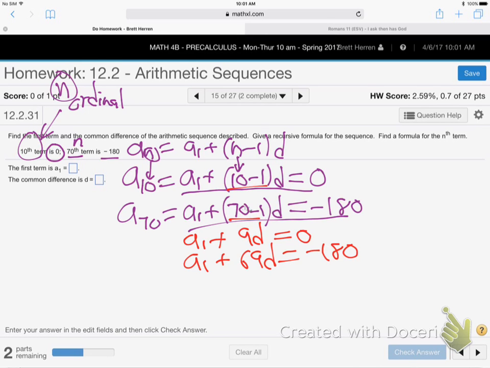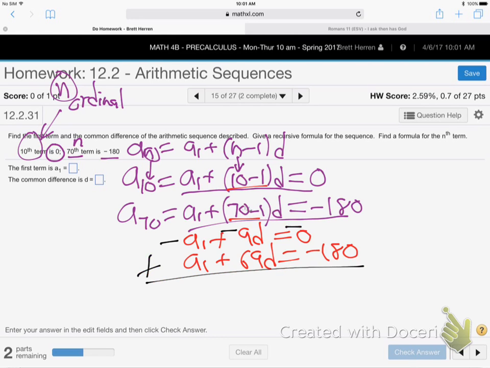So how do we solve two equations with two letters? Well, system of equations. The easiest way is to run a negative sign through that top one, because then the a1s will cancel. That's what I would do on these every time. Negative, negative, and then negative 0, which is just 0.